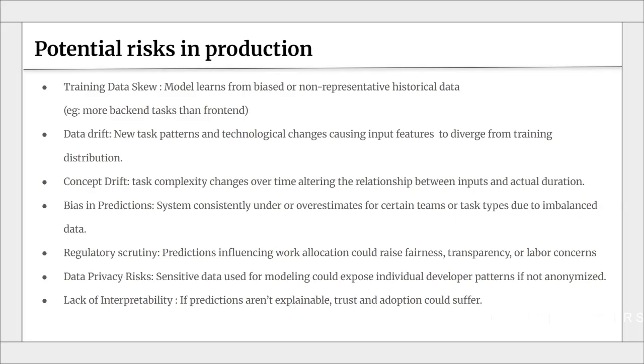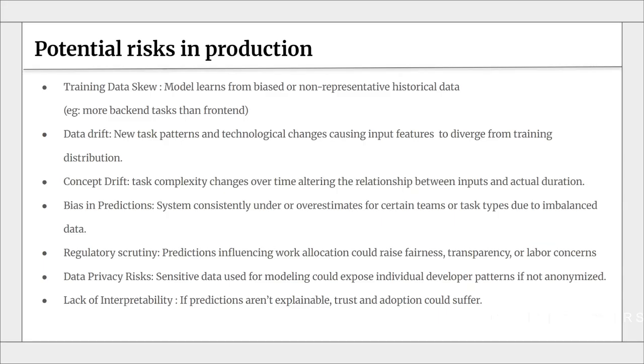Bias in the prediction system might consistently underestimate or overestimate for certain teams. For teams that have been hyper efficient, it might start expecting more from the team by giving lower estimate times. And regulatory scrutiny: constant predictions influencing work allocation could raise fairness, transparency, or labor concerns as well.